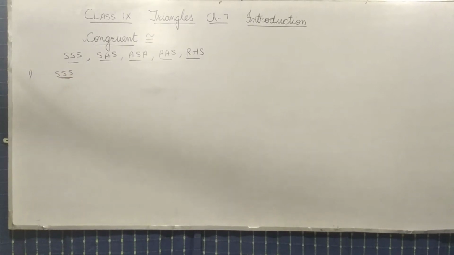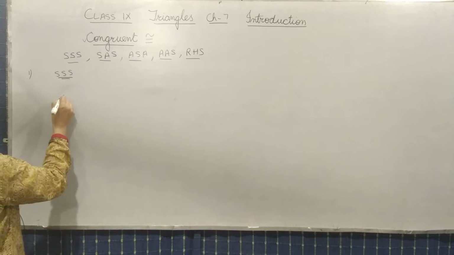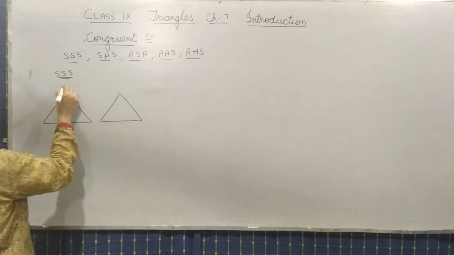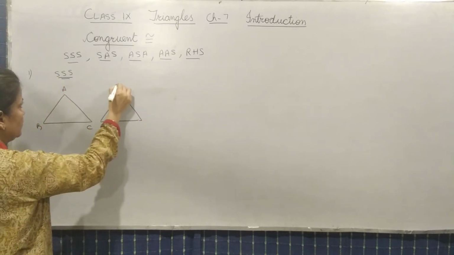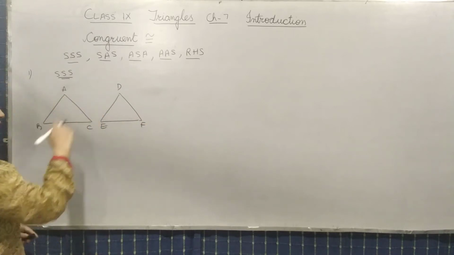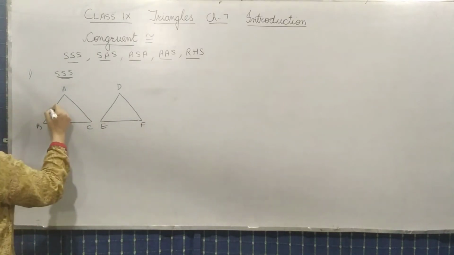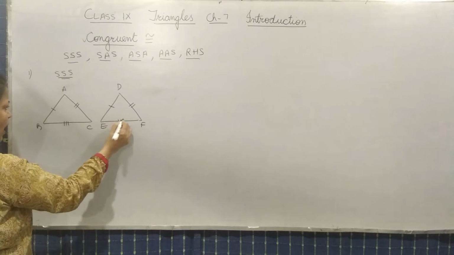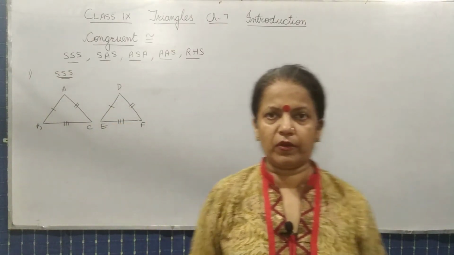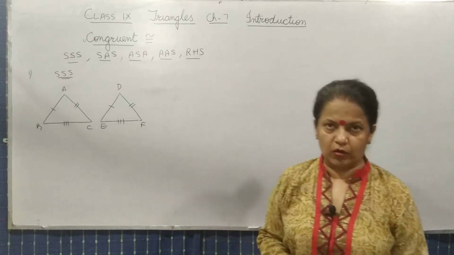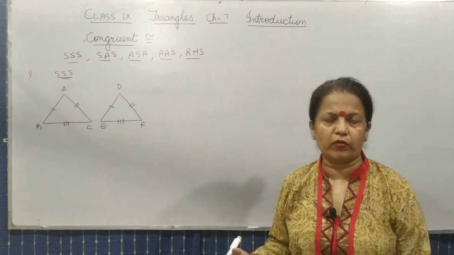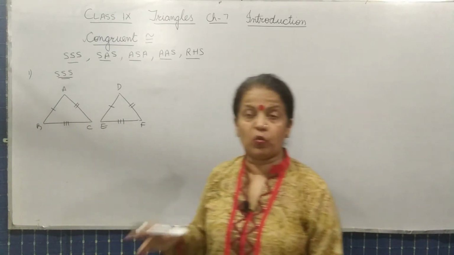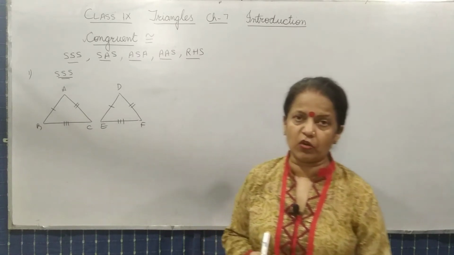If we take two triangles, name them ABC and DEF, and in both the triangles all three corresponding sides are equal, then that type of triangle is congruent by SSS congruency criteria.